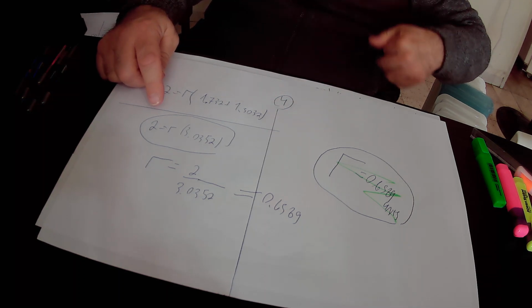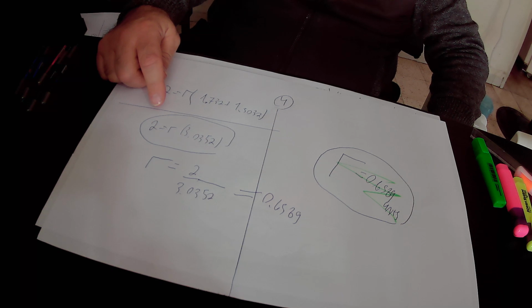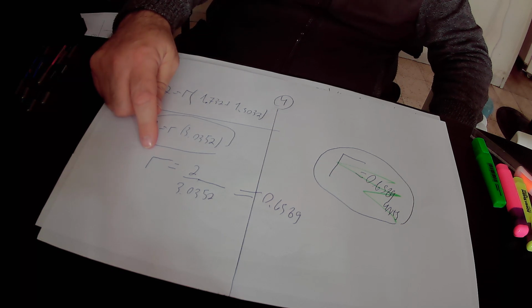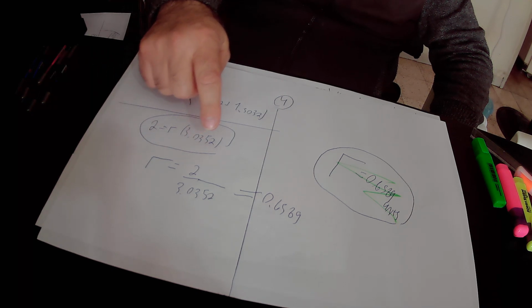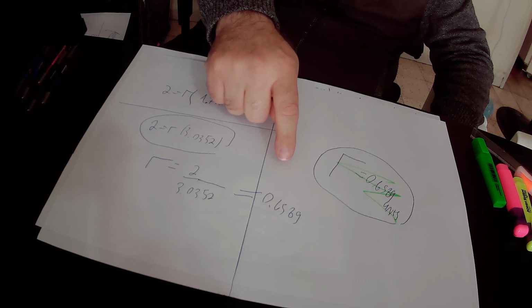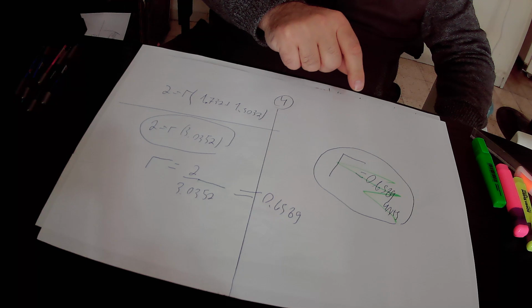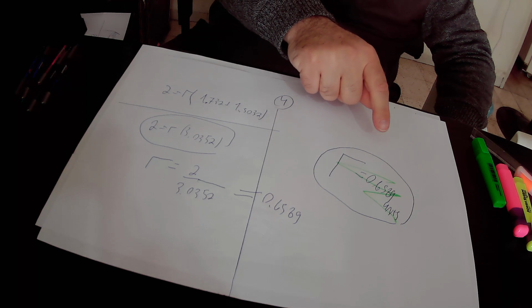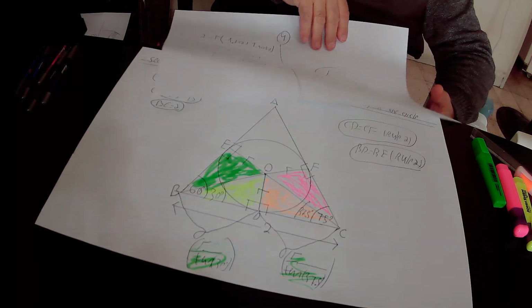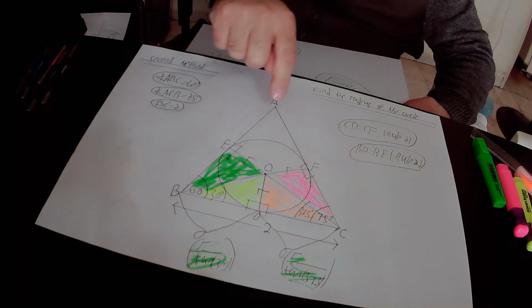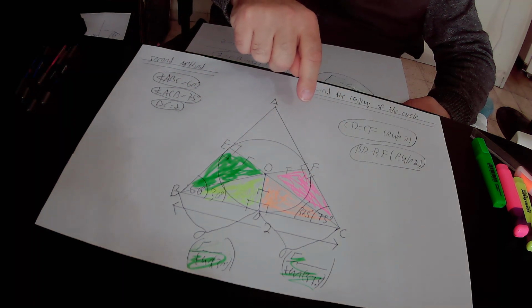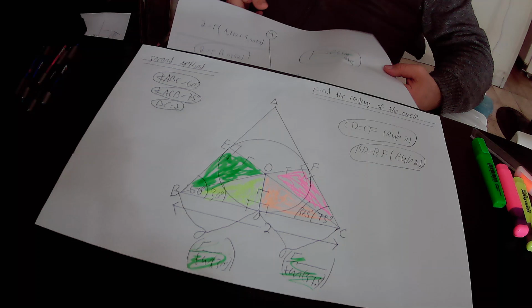We divided this equation by 3.0352 and finally found that R, the radius of the circle we are looking for, equals 2 over 3.0352. That is actually 0.6589. So the radius of the circle equals 0.6589 units. So in both methods we found that the radius R of the circle equals 0.6589 units. Okay, thank you very much.